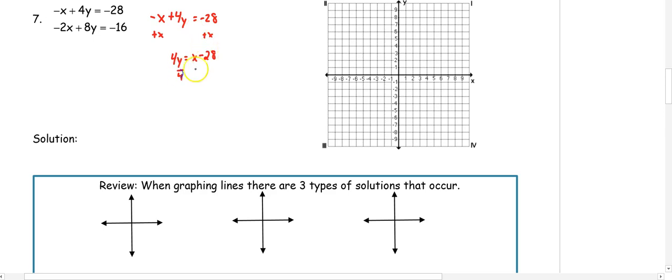And I'm going to divide by 4 on both sides. So y equals 1/4 x minus 7. So in this case, my slope would be 1/4, and my b value would be 0, negative 7. So I'm going to go to 0, negative 7 on the y-axis, and I'm going to use my slope up 1 and right 4.